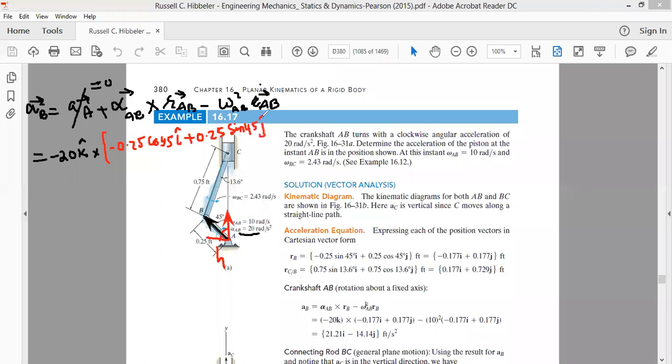And minus omega square. How much is the angular velocity of the rod AB? The angular velocity of the rod is 10 radian per second, and it's also clockwise.